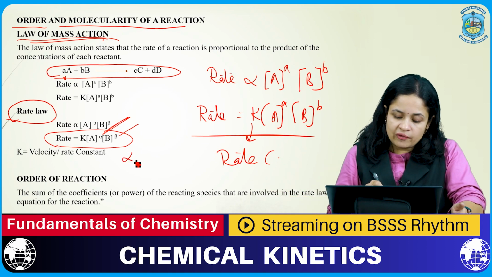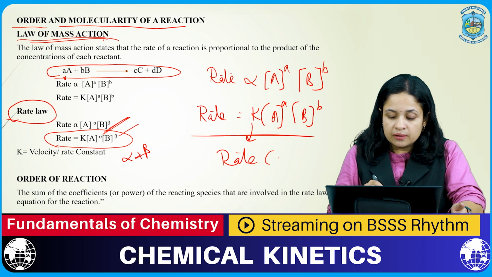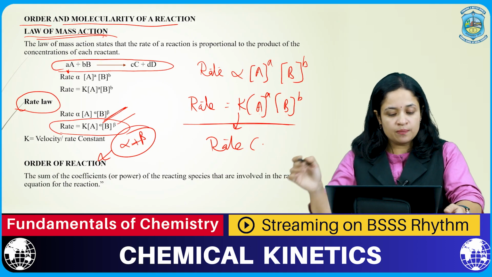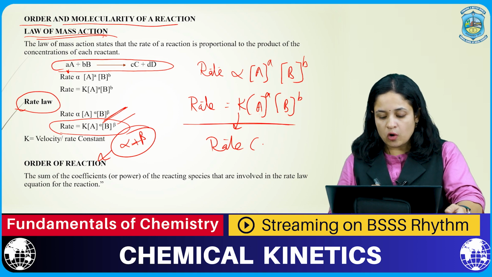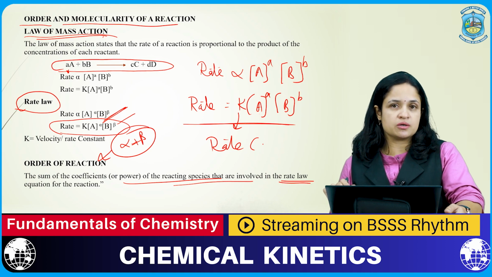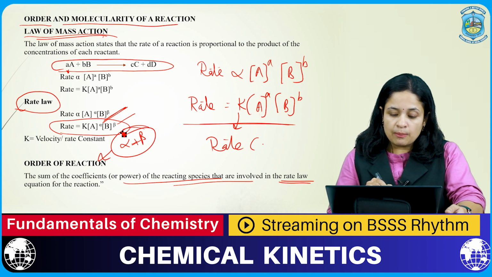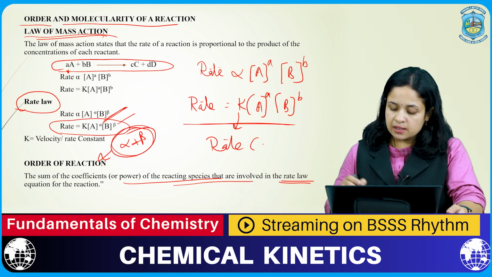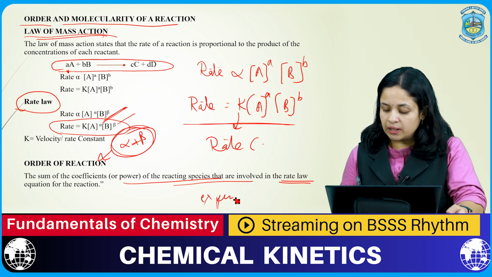So it will be alpha plus beta. This alpha plus beta is nothing but your order of reaction. Order of reaction is the sum of the powers of the reacting species involved in the rate law equation, meaning the number of moles of reactants which are actually colliding to give products. And this is an experimental quantity.